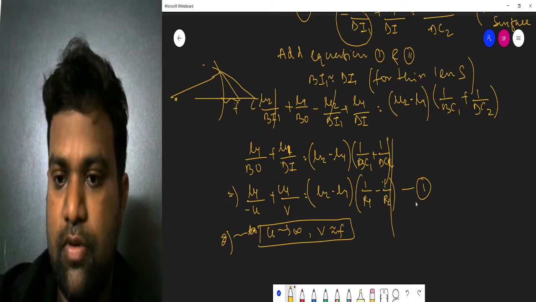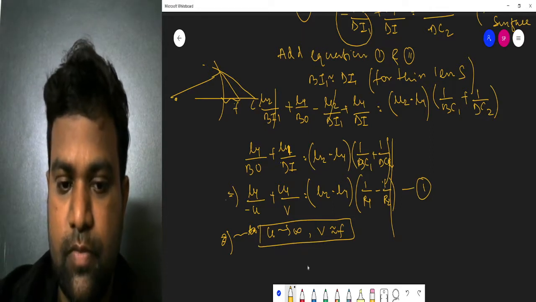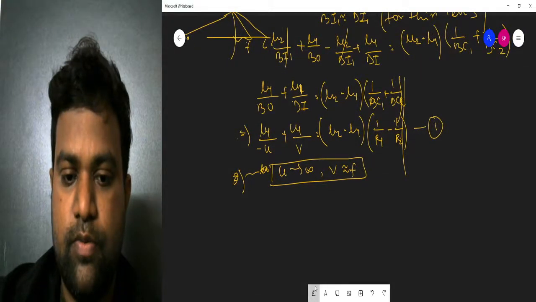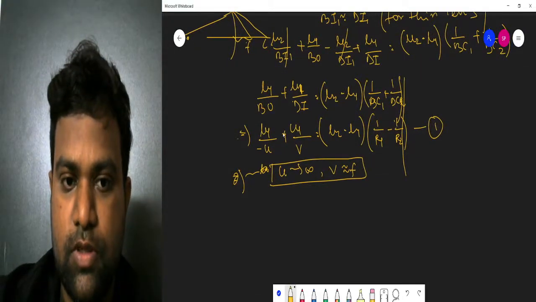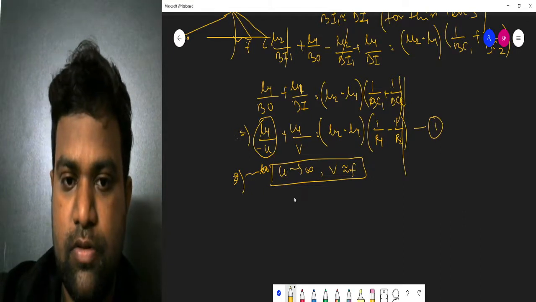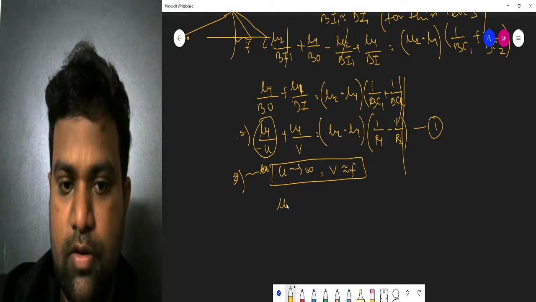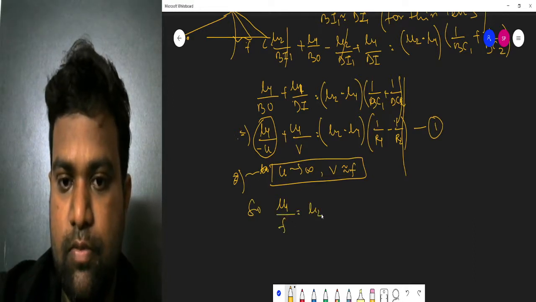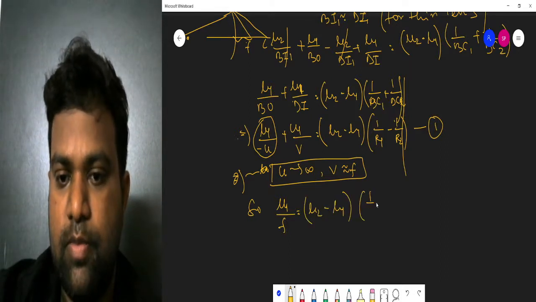Then what we will get? So using this approximation, our equation will convert to, this one will be 0, 1 by infinity is 0, and this will be mu1 by V is f equal to mu2 minus mu1 into 1 upon r1 minus 1 upon r2.